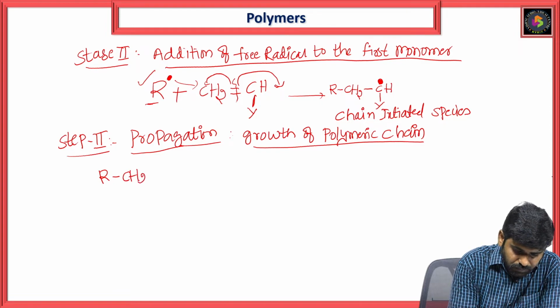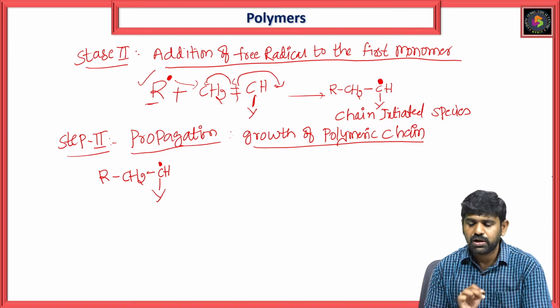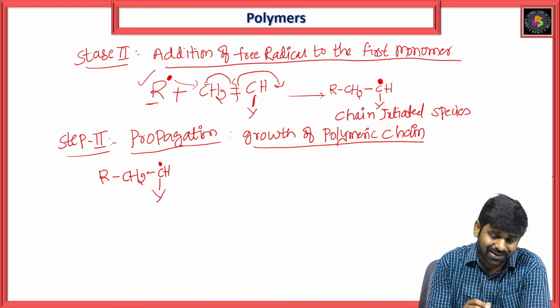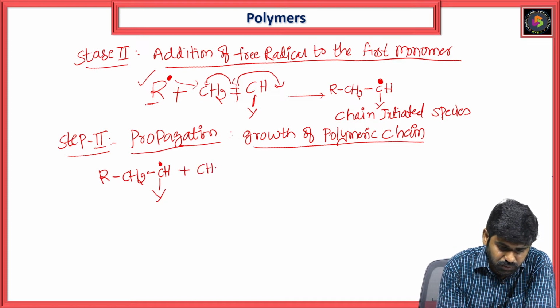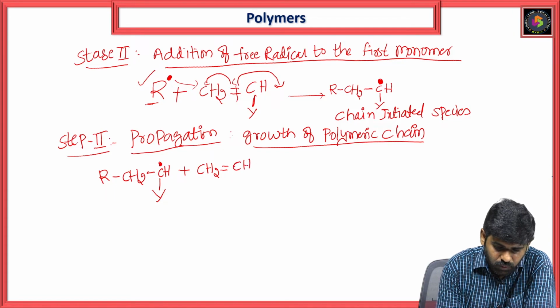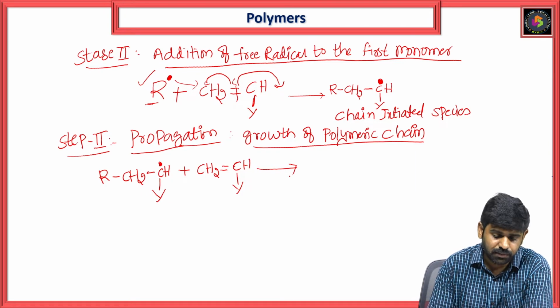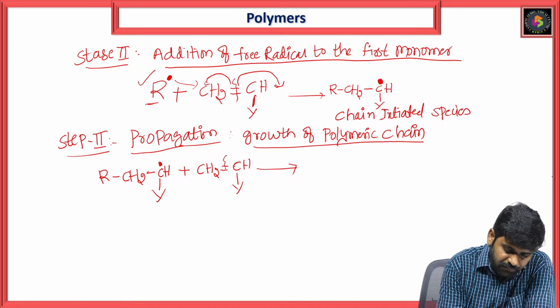RCH2CH dot Y, the chain initiated species, reacts with the monomer CH2 double bond CHY. So same concept, again homolytic fission.